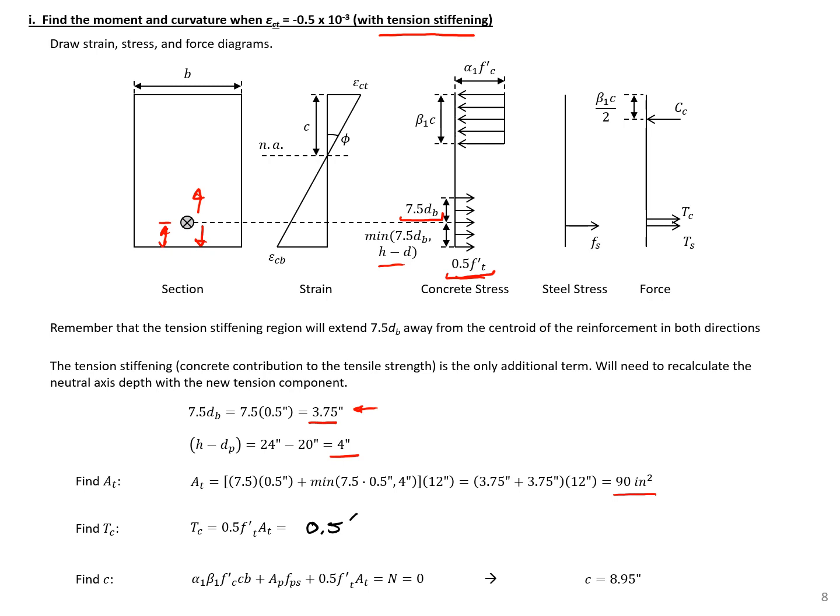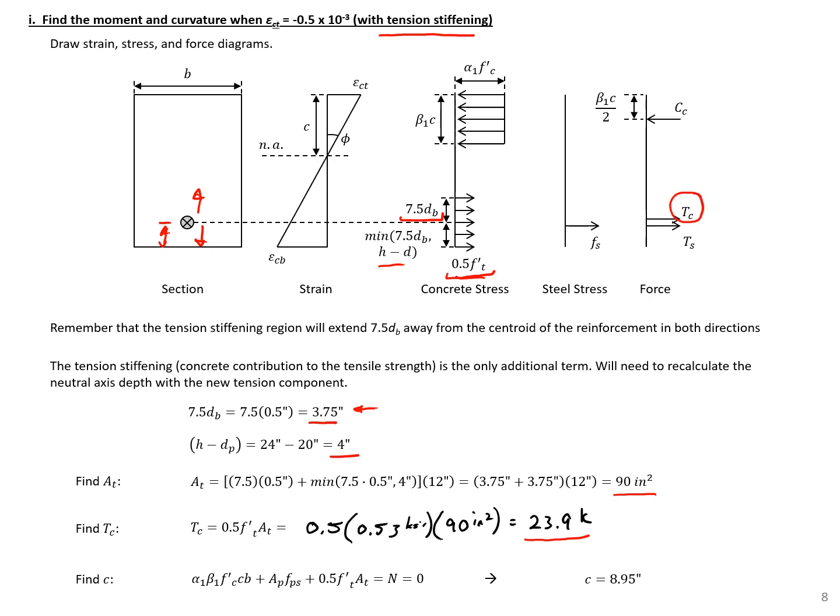So 0.5 times the tensile strength of the concrete, 0.53 ksi, times 90 square inches, gives us a force here of 23.9 kips.